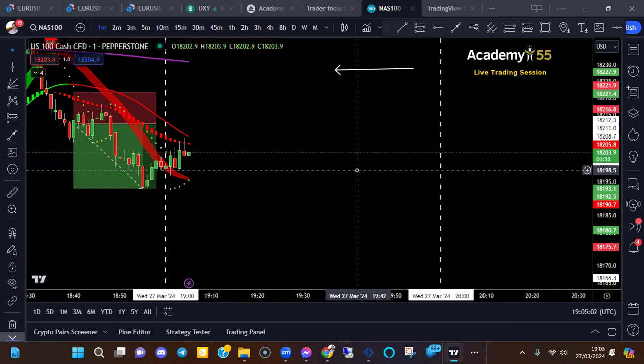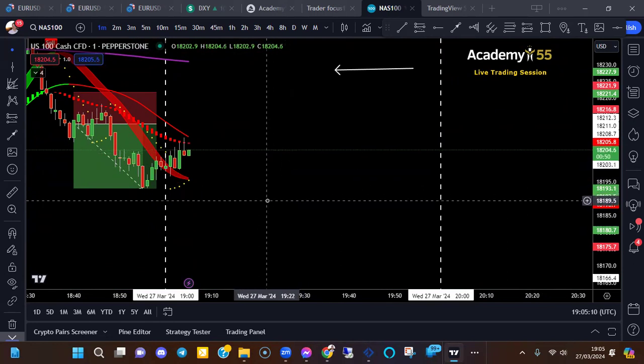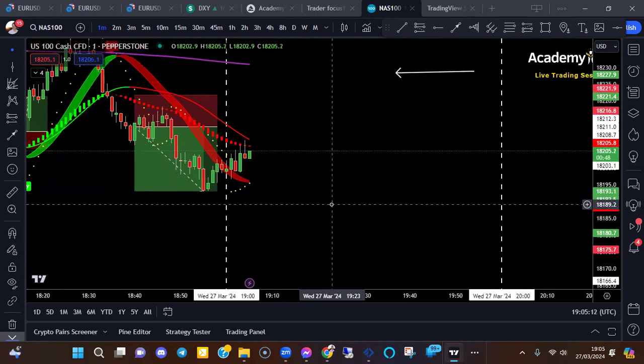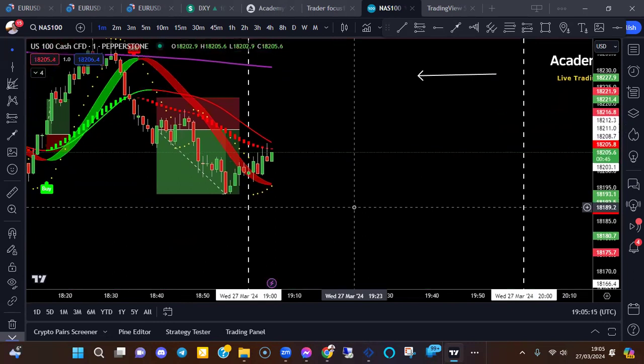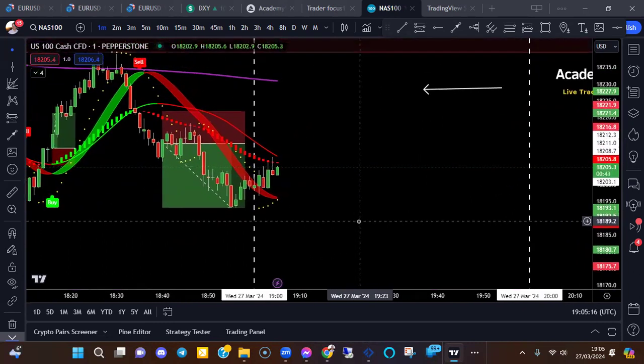I picked 7 to 8 to get people used to trading between 7 and 8, because 7 and 8 is the time when you get the volume kicking in. But this month has been mucked up a bit really because of the US savings.